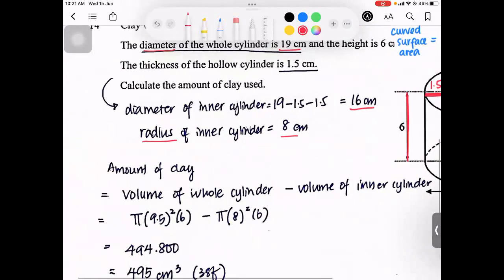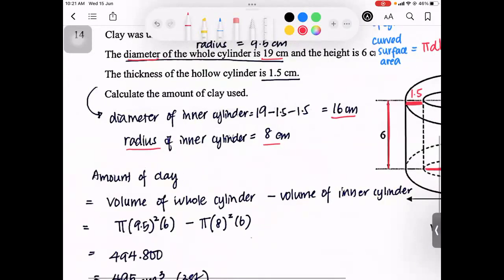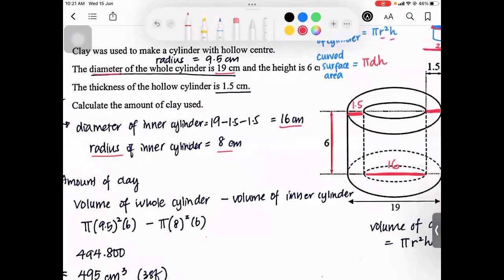Okay, so if I want to find the amount of clay used in this case, I need to take the bigger cylinder, the whole thing. I cut out the inner portion. I cut this portion out. So I need to subtract away this volume. Okay, please bear in mind, when we have volume, if you cut out something, volume decreases.